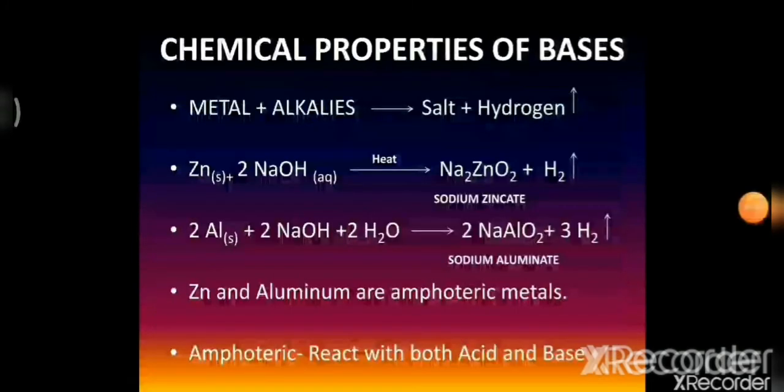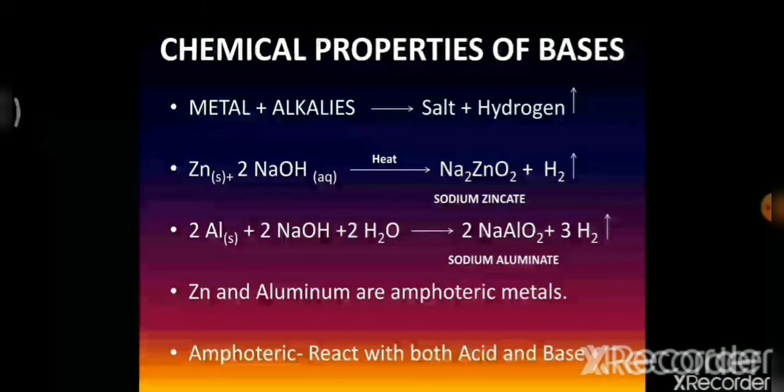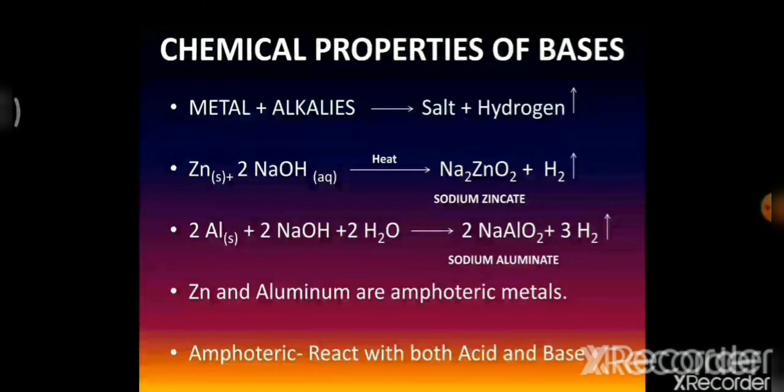Students, up to that we studied chemical properties of acids. Now we will study chemical properties of bases. For example, alkalis react with metals. It forms salt and releases hydrogen gas. There are only two metals that react with alkali, that is zinc and aluminium metal.